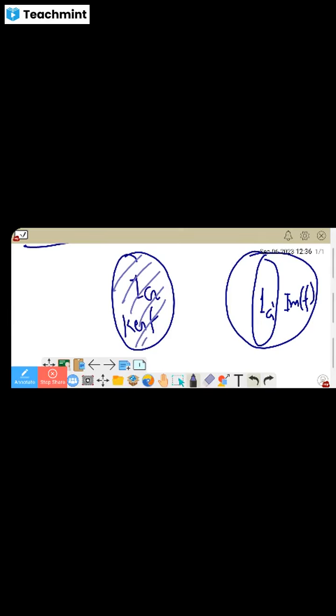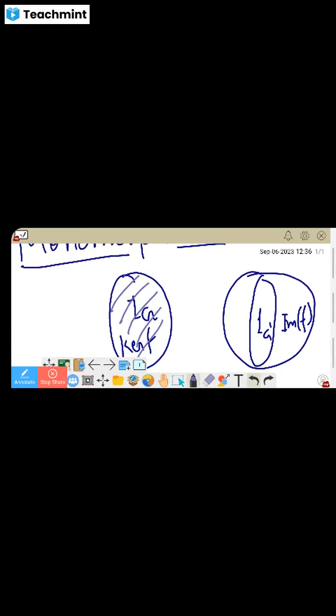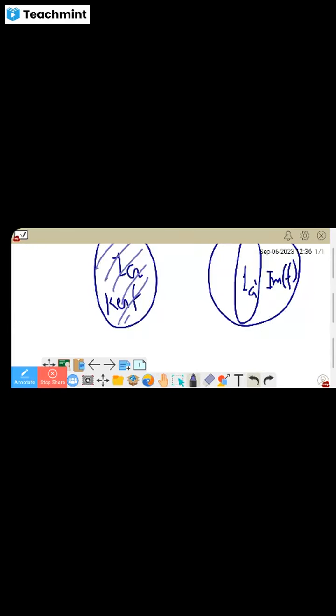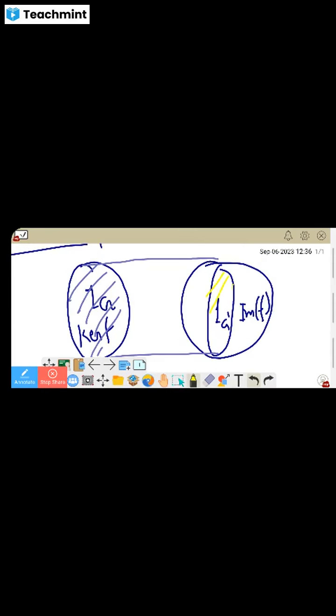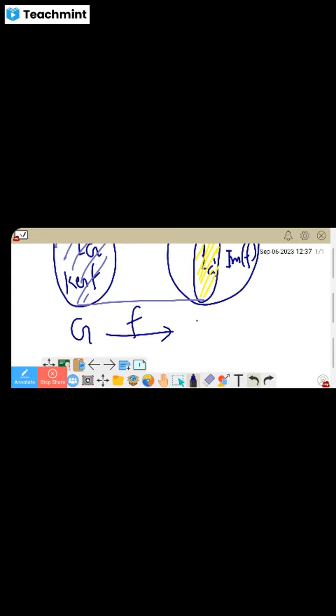And all elements of G dash are associated as in monomorphism. We have done it already, but we are showing it here using this pictorial representation. Are you getting this? Yes, ma'am. This mapping G to G dash.